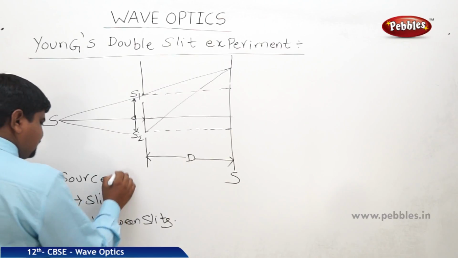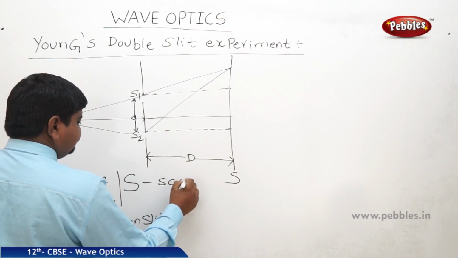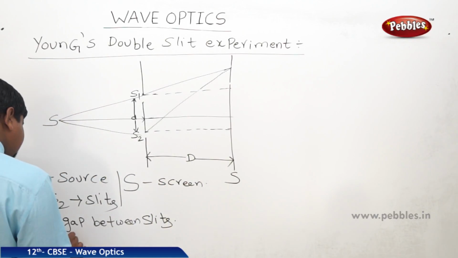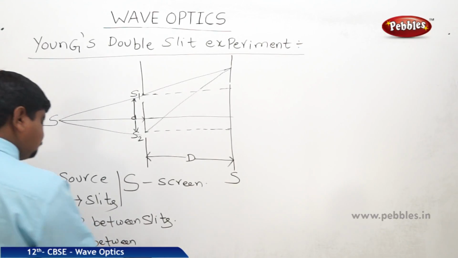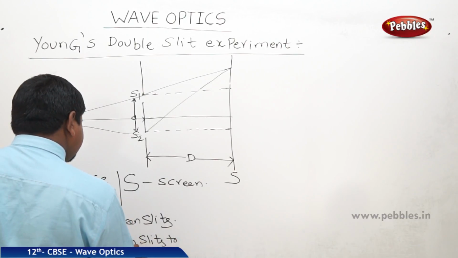Before that we should write capital S, screen. So capital D is the gap between slits to screen.